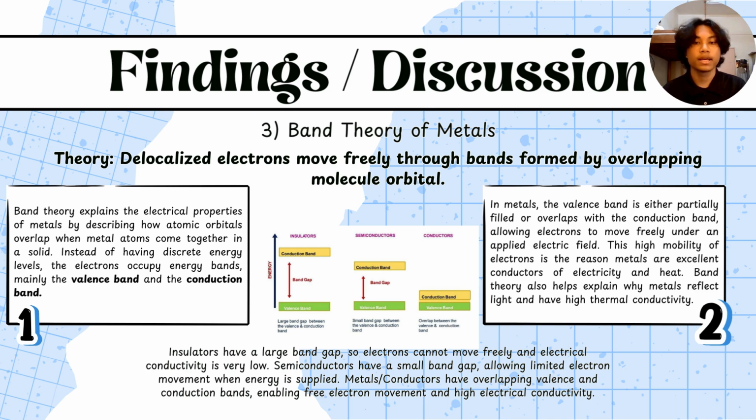Semiconductors have a small band gap, allowing limited electron movement when energy is supplied. Metals or conductors have overlapping valence and conduction bands, enabling free electron movement and high electrical conductivity.